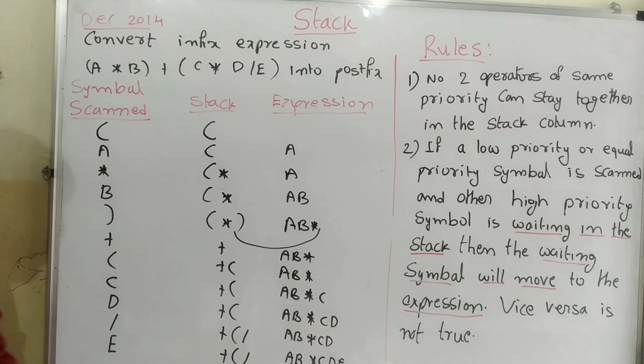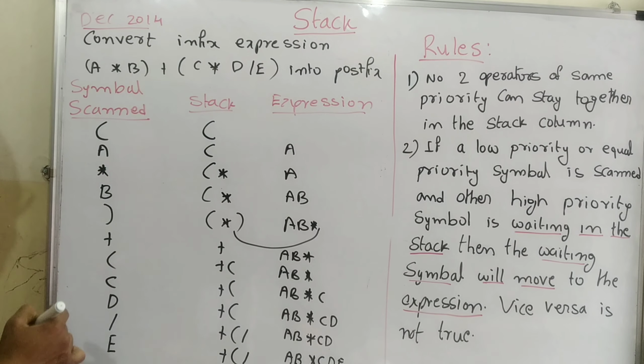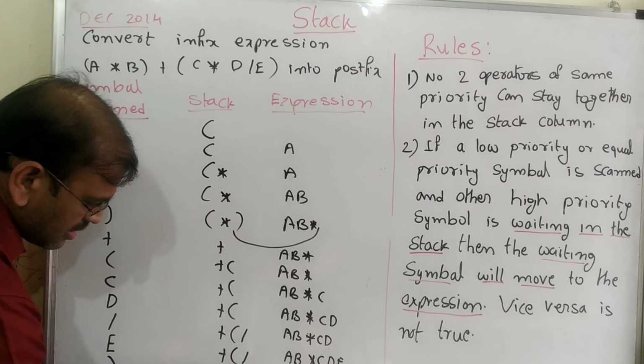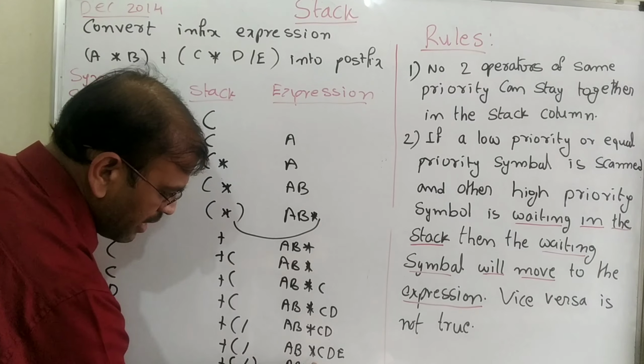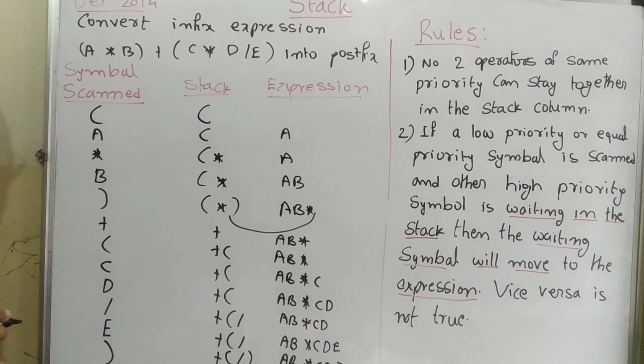In that case, now I am going to apply the closing bracket: plus, C slash closing bracket, AB multiplied by CD multiplied by E.